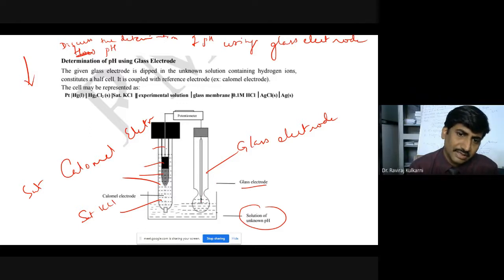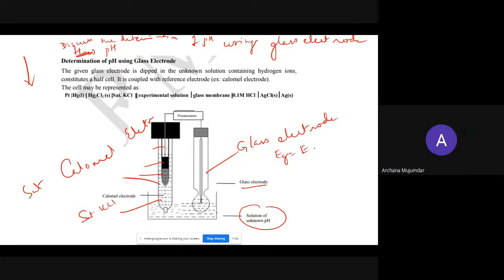It contains a silver chloride electrode, and the potential is because of asymmetry and also because of boundary potential. What does the glass electrode potential contain? Internal reference electrode, and asymmetric potential.